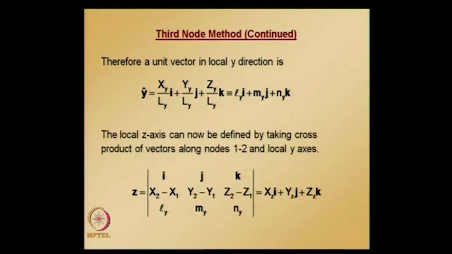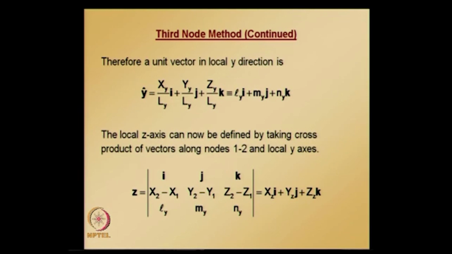The vector along the local z axis can now be defined by taking the cross product of the vectors along nodes 1, 2, that is nothing but the local x axis, and the local y axis. Once that cross product is performed, we are going to get a vector, and it is compactly written as xz, yz and zz.